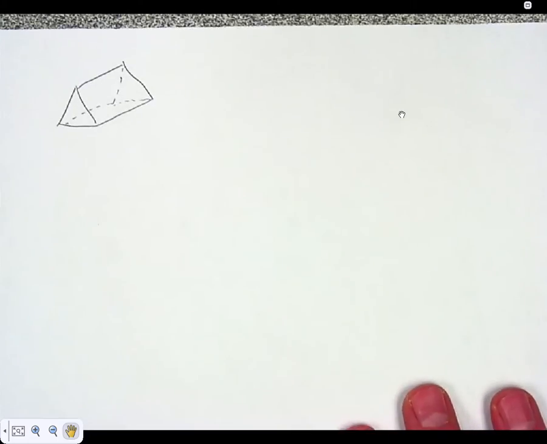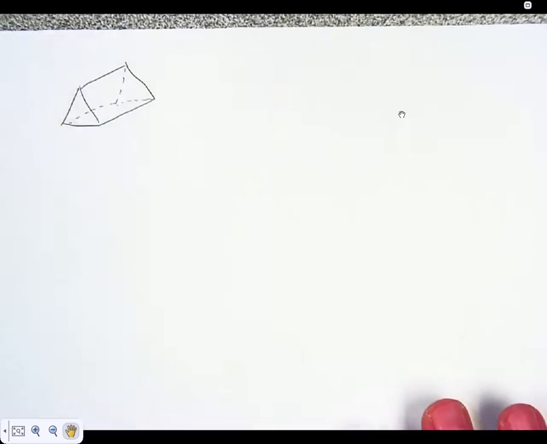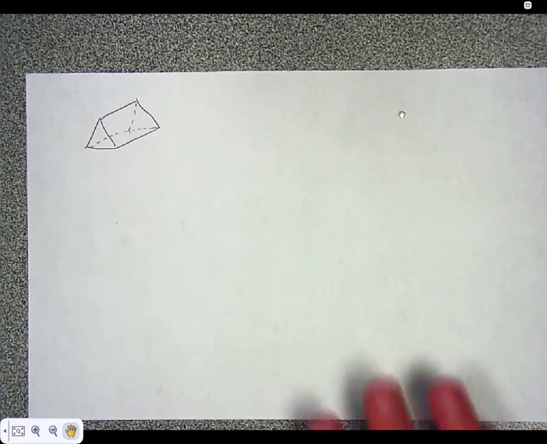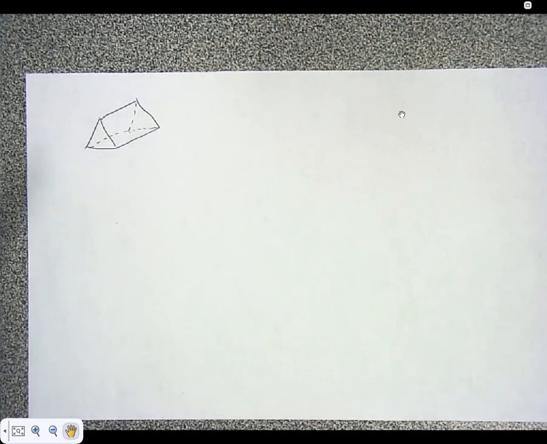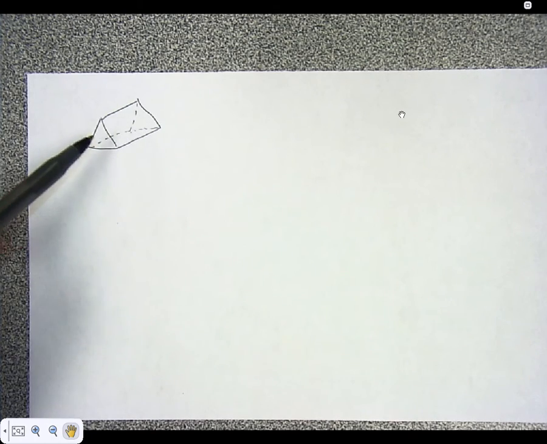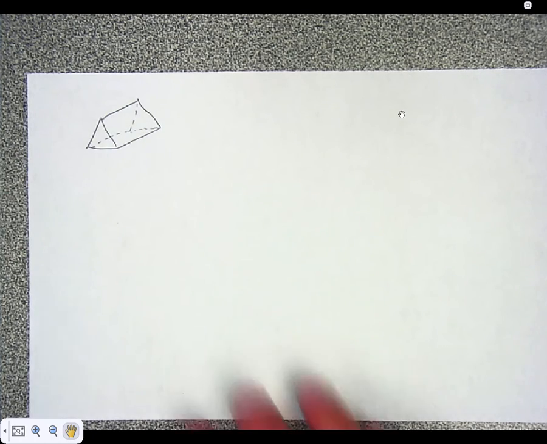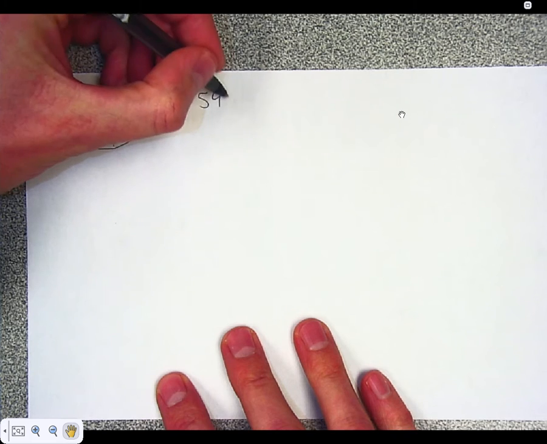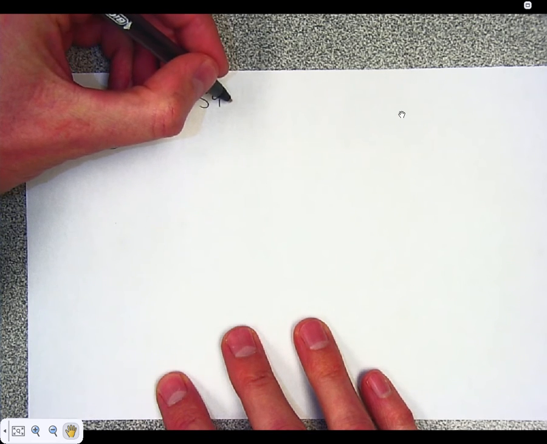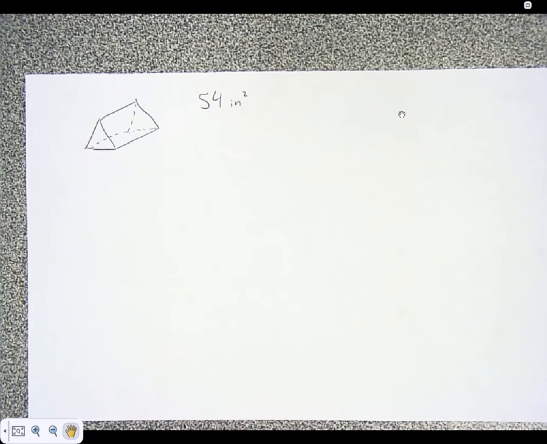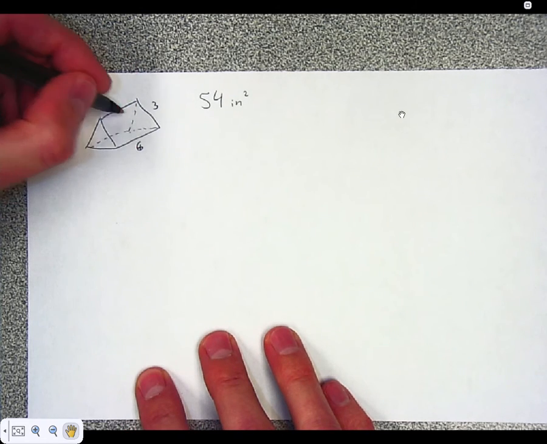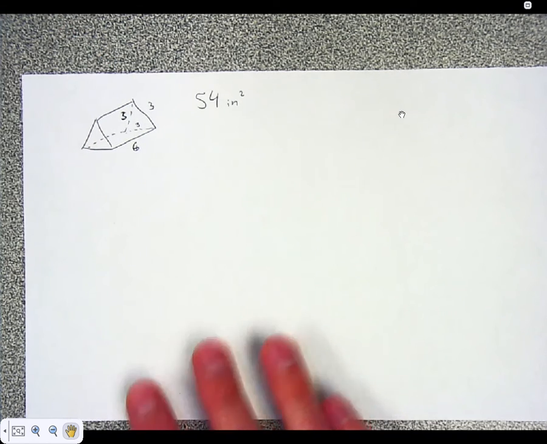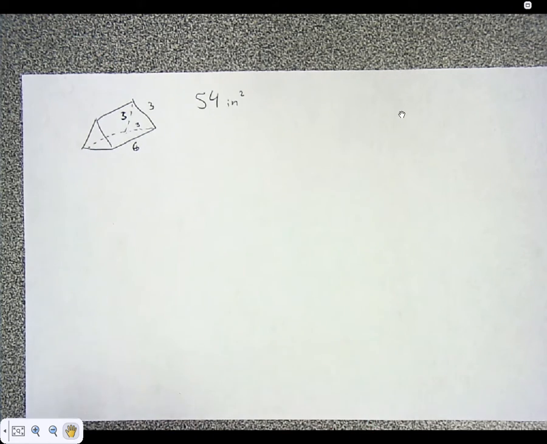If we want to find the total area, the total surface area, we need to add up the 3 rectangles around the outside, and then add that to the 2 triangles on either end to get the total area. So the lateral area we already know is, I'm going to stick with inches here, 54. And we need to find the area of the triangle.